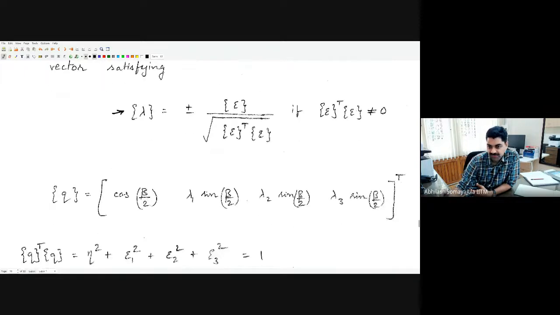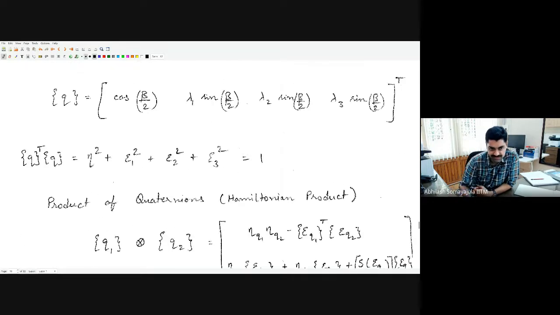All right. So if I want to characterize that quaternion in terms of lambda and beta, this is how it would look. I'll have cosine of beta by 2, lambda 1 times sine of beta by 2, lambda 2 times sine of beta by 2, lambda 3 times sine of beta by 2. And then, as I said, the norm will be given by 1.